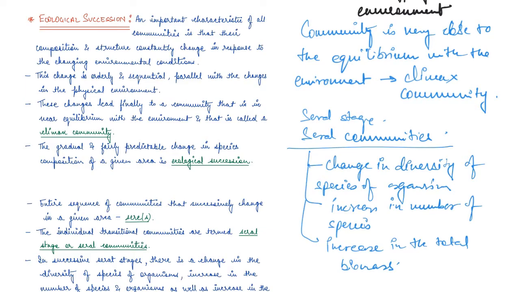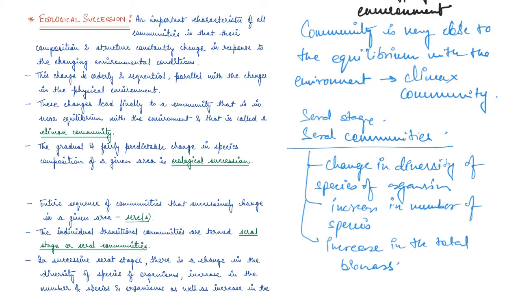Right. So if we talk about the present day communities in the world, which exist because of succession itself, this succession has happened over millions of years since life started. And actual succession and evolution would have been parallel processes at that time. So there would be succession of species and those species would be evolving as well. Right.